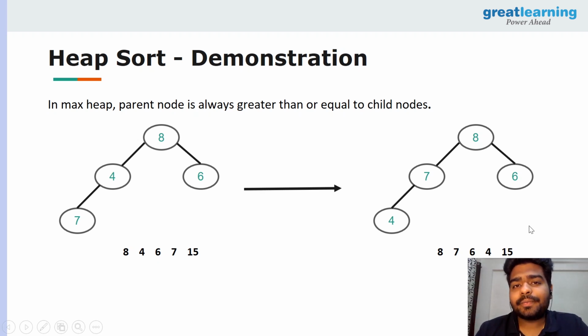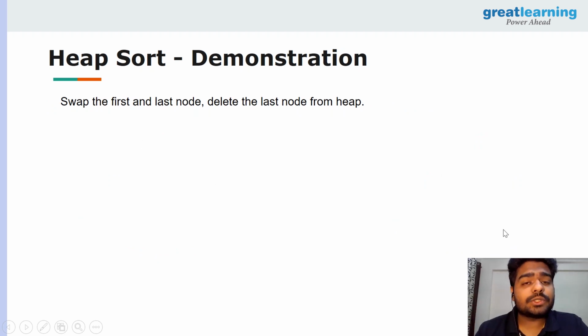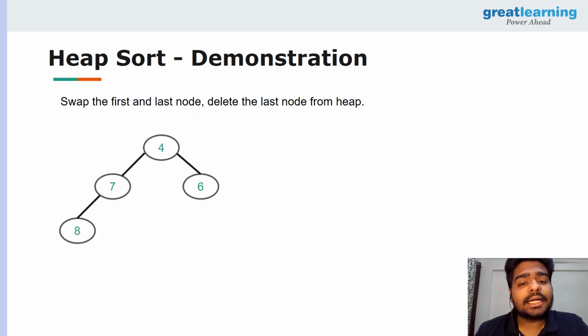Now what we should do? We have to swap the parent node with the last node. So let's do that. We have to swap the first and the last node and delete the last node from the heap. 8 was here and 4 was at the last. We have swapped it. Now that we have swapped it, we have to remove the node.